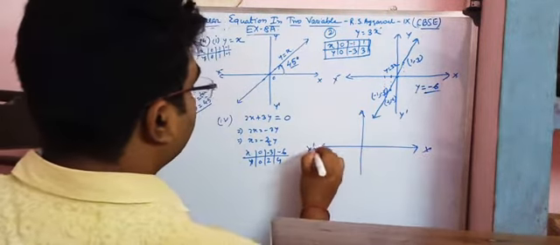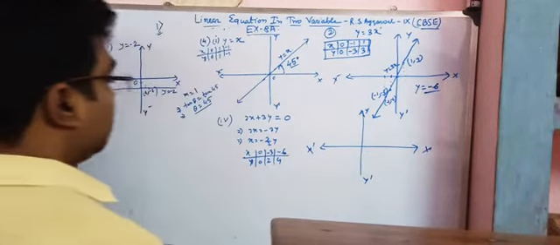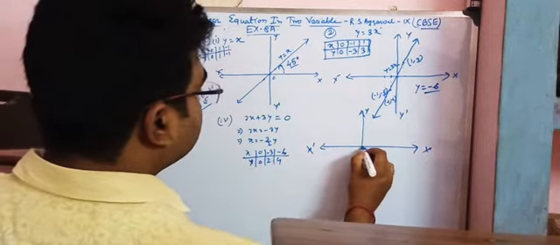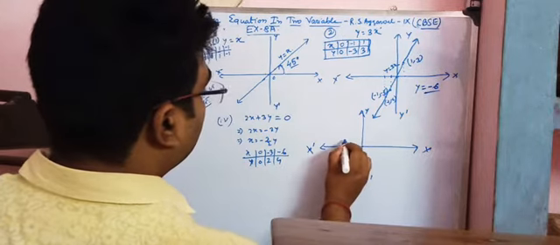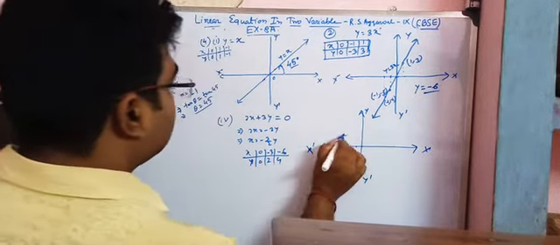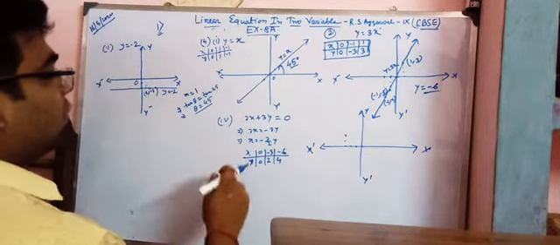So we put these values here, x and y. This is 0, 0, next point minus 3, 2, and another point is minus 6, 4.